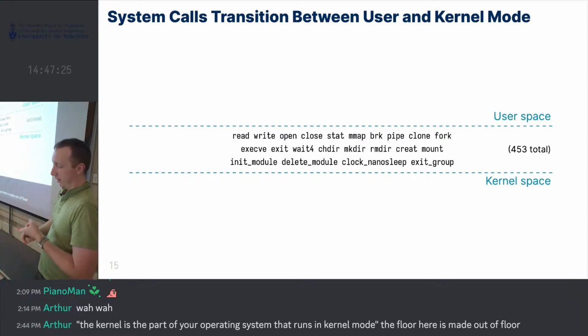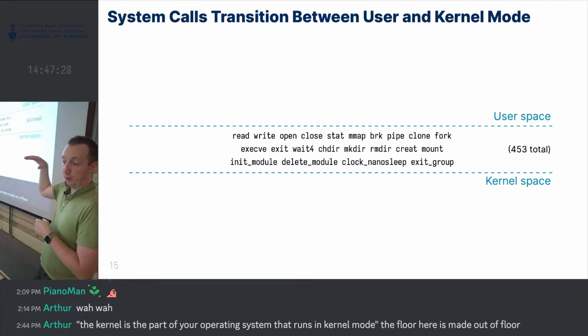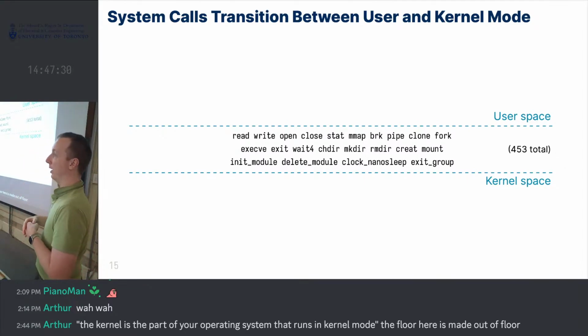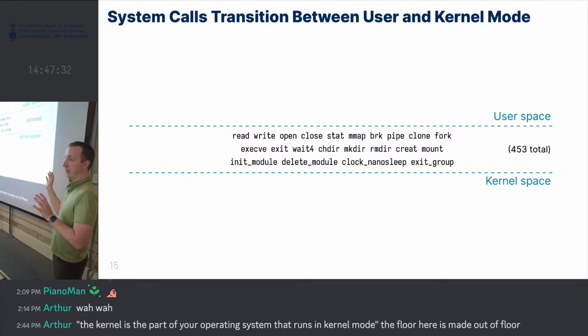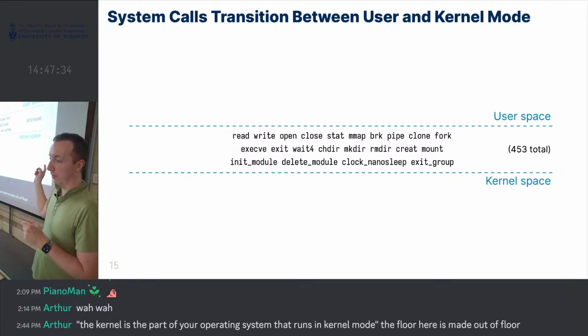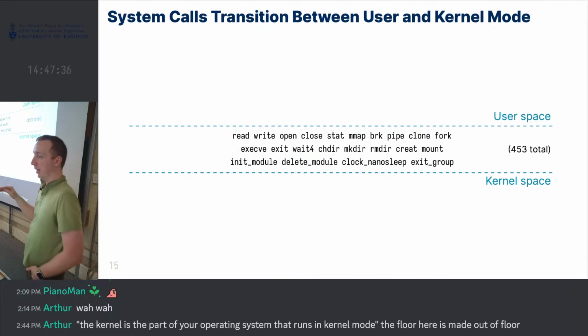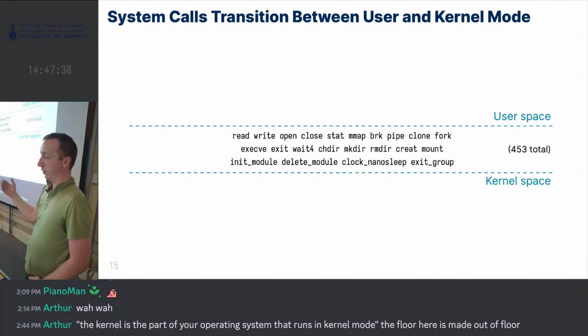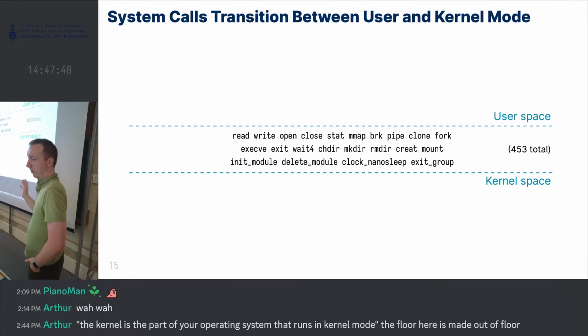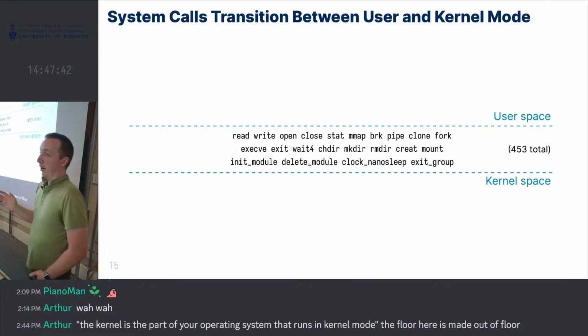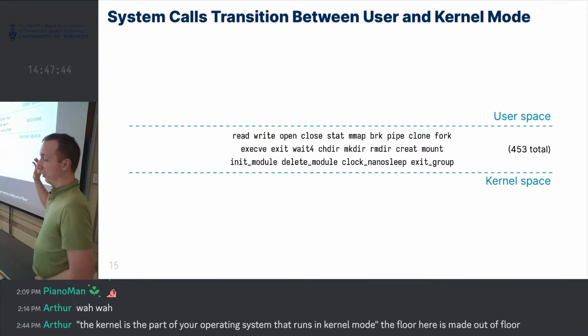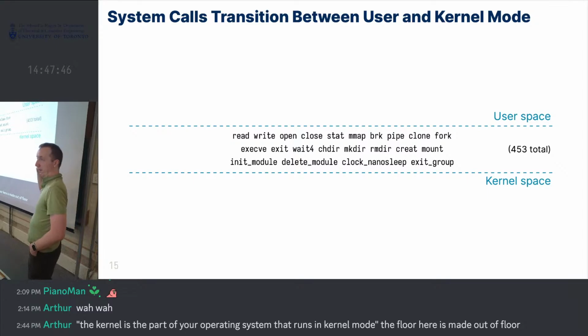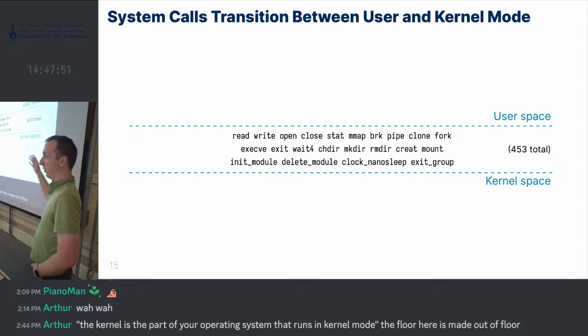The border between user mode and kernel mode can only be crossed by doing system calls, what we did before. System calls are the only way to get between user mode and kernel mode once an operating system is started. On Linux, there are essentially only 456 functions you can call in the kernel.